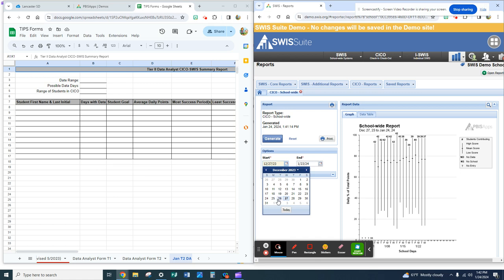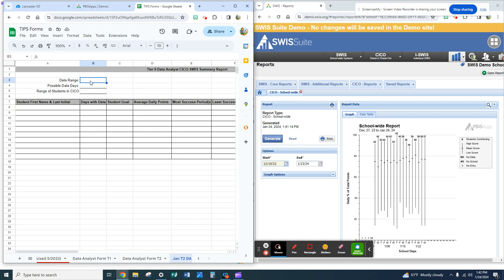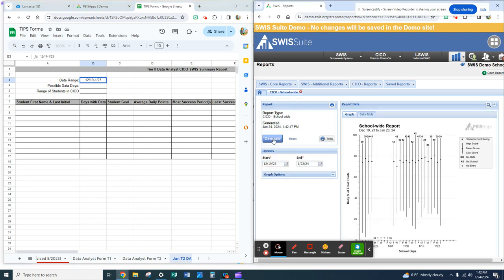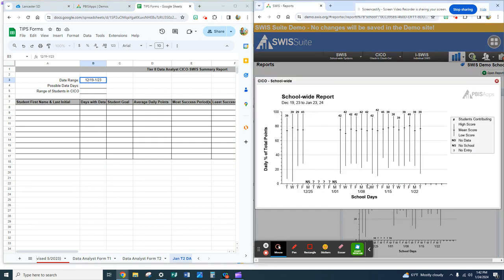I'm going to go back a week over Christmas. There's 4. So I'm going to go Tuesday, December 19th to January 23rd. So I'm going to record that on my Tier 2 form, 12/19 to 1/23. And I'm going to generate. Okay, so there's my data.